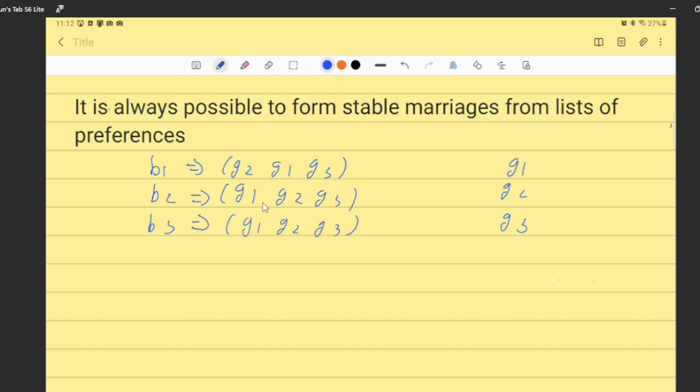Now the beauty of this algorithm is that even if the preference list repeats, the algorithm will still be able to find a stable match. And suppose the order of preference of G1, G2, G3 is given as B2, B1, B3, B1, B2, B3, and again B1, B2, B3.